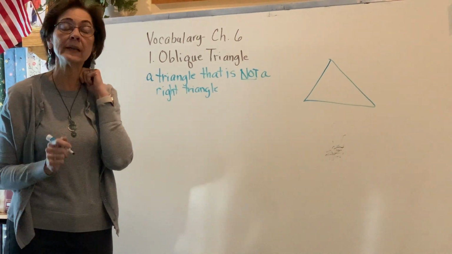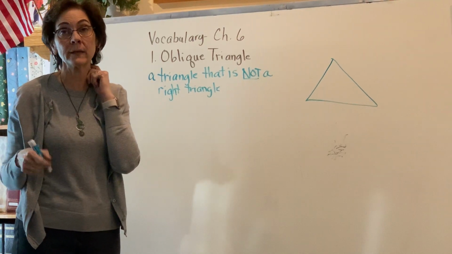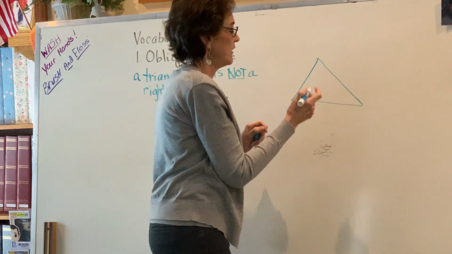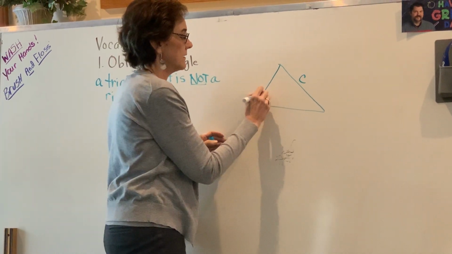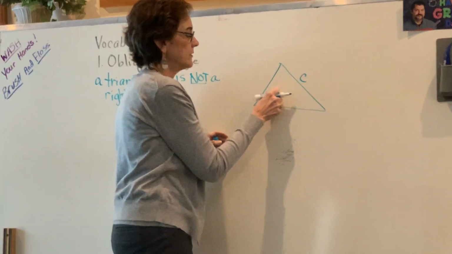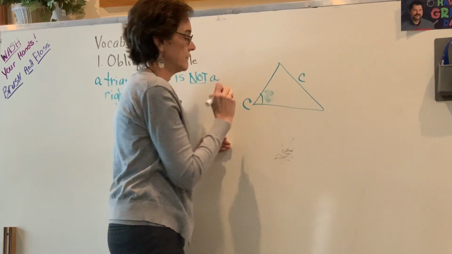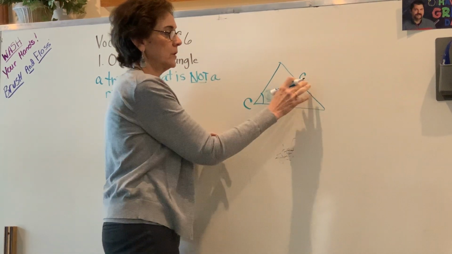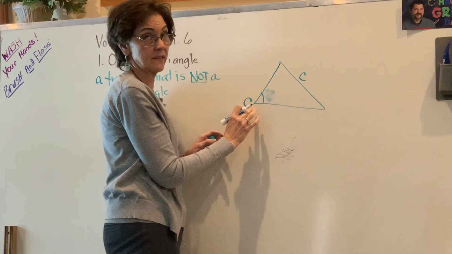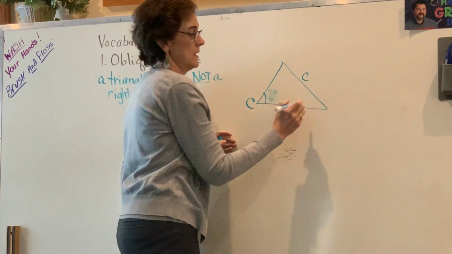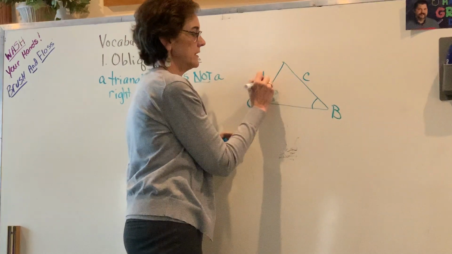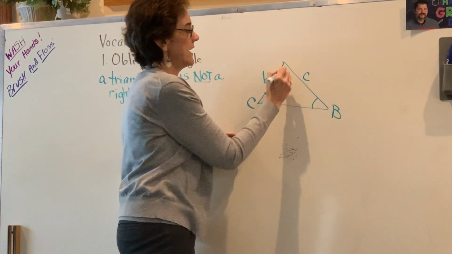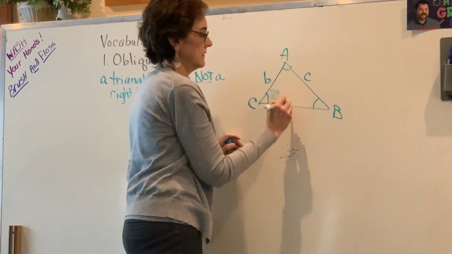Now, we still want to label the sides the same way we labeled a right triangle. If possible, lowercase c is the side opposite the angle that is c. And lowercase b is opposite the angle b, and a is opposite a.